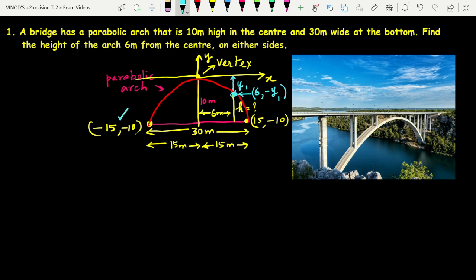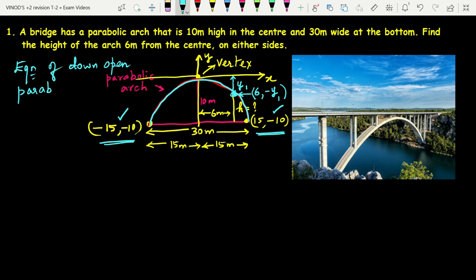Now select any one of these 2 points. We can select either (15, -10) or (-15, -10). Because the arch is a down opened parabola, the equation of a down open parabola is x square equals minus 4ay.